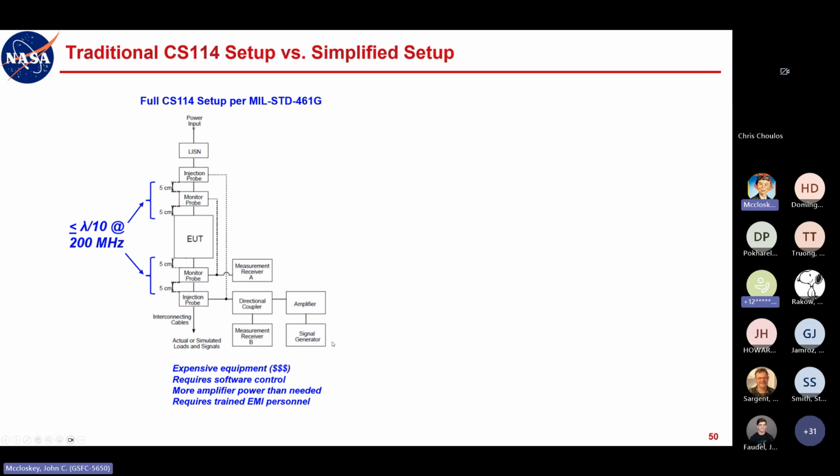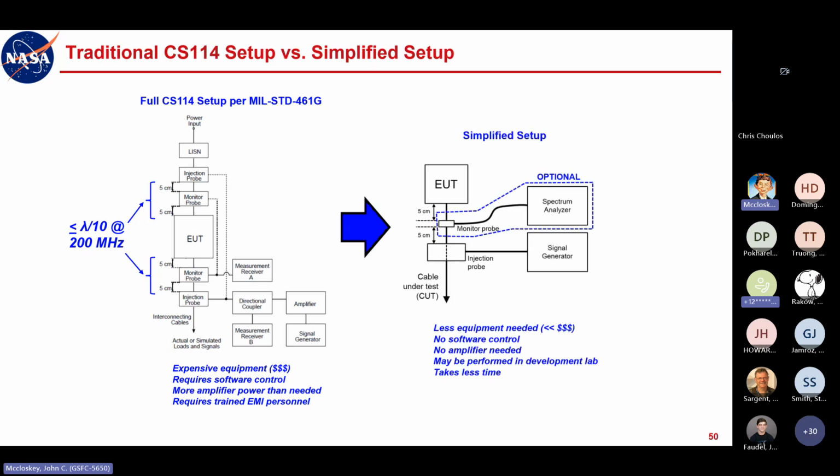But when you're dealing with lower signal levels, like we generally are for our common mode level of 3 milliamps or 70 dB microamps, we don't need an amplifier for that. So we can connect our signal generator directly up to our injection probe.